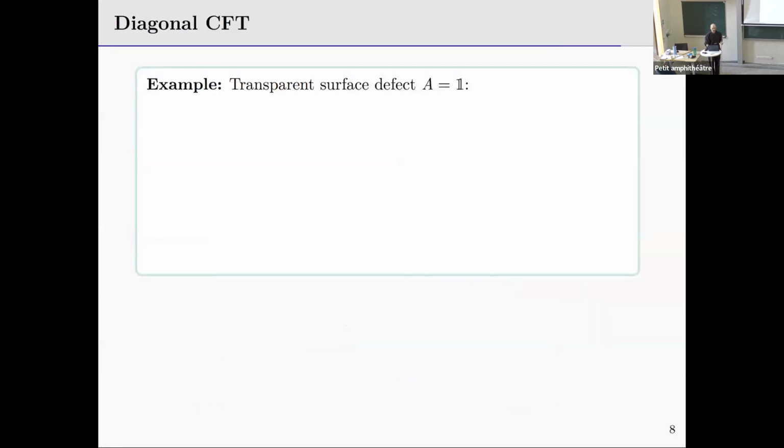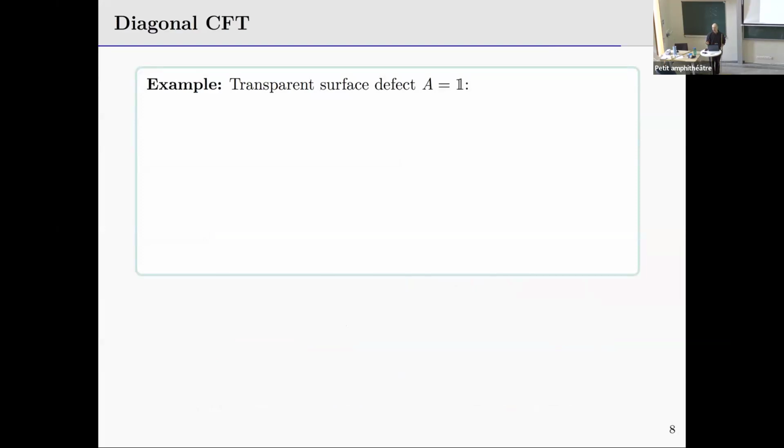Okay, and now you might say all of this was very technical, very abstract, so what's the use of it? You can actually compute stuff with this, which might be interesting. I can also tell you one possible label for the surface defect, which would be the monoidal unit in the category.